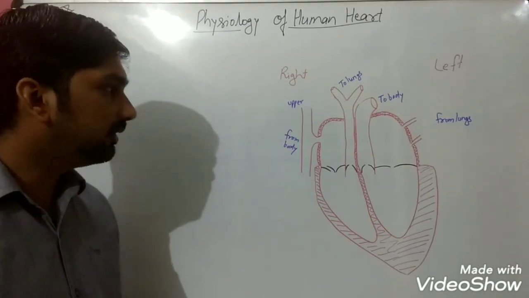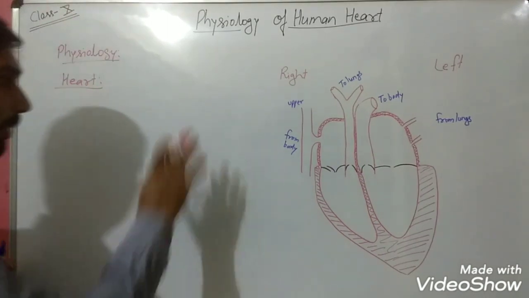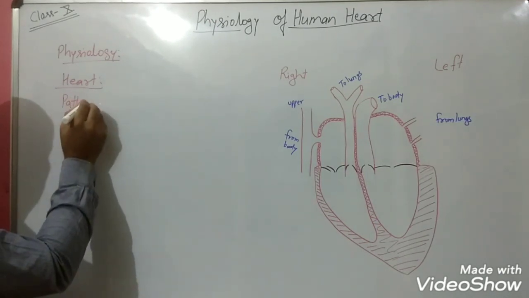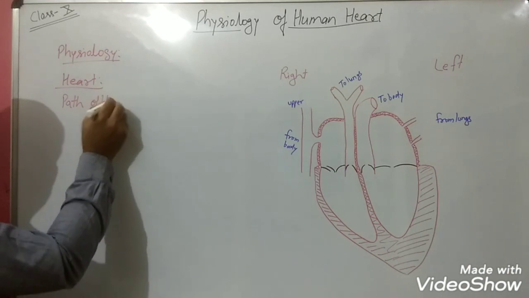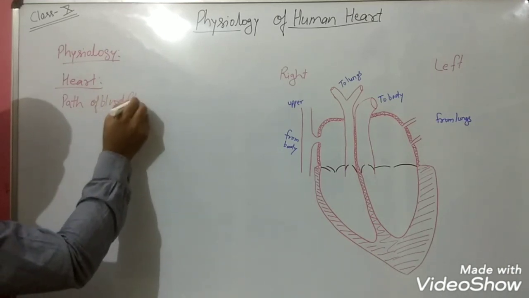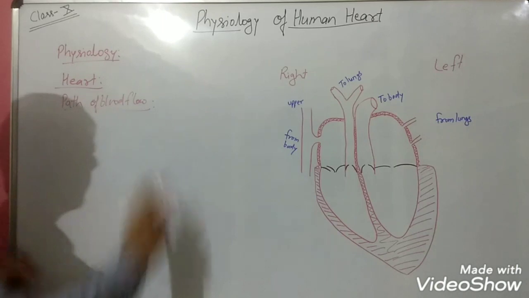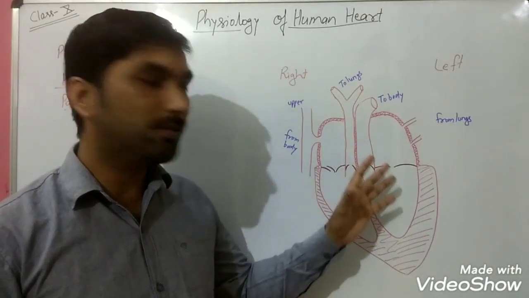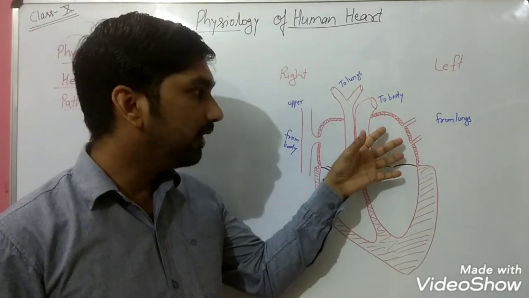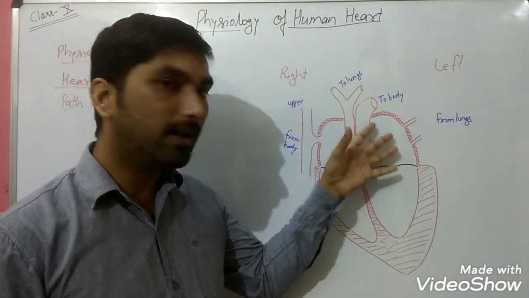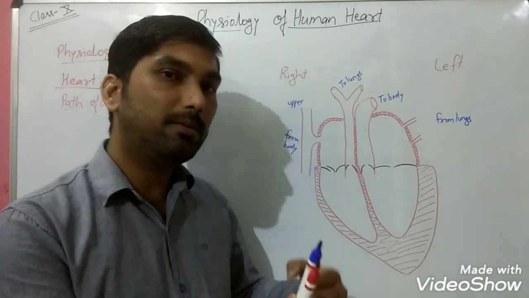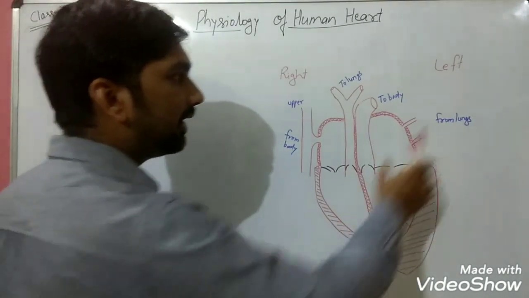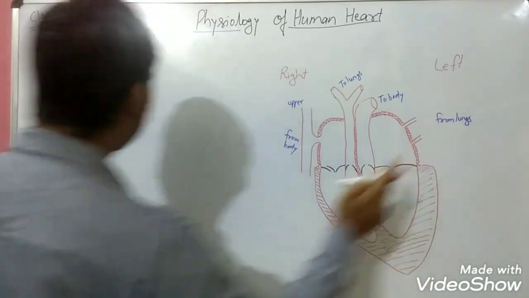Now we will see the path of blood flow within the heart. If you remember in the previous video, we started counting the chambers from the left side. So this is the first chamber, because oxygenated blood enters this chamber, and this oxygenated blood comes from the lungs.